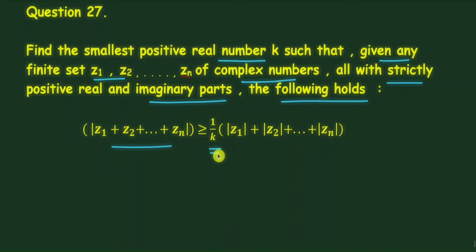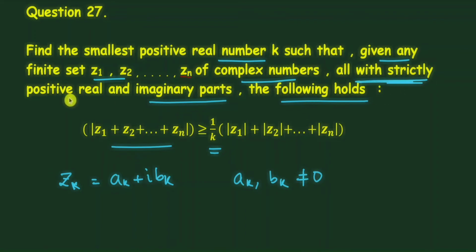That means zk equals ak plus iota bk, where ak and bk are nonzero, since it is given that all have strictly positive real and imaginary parts. Then which of the following is true.